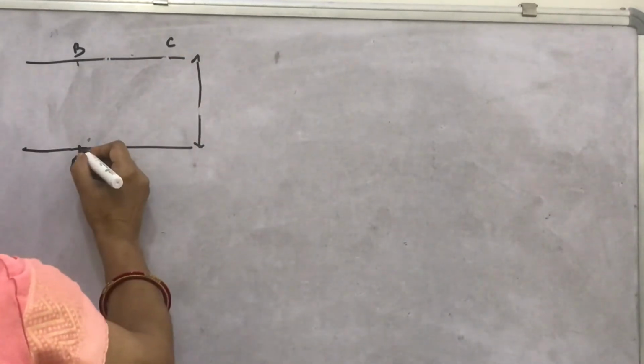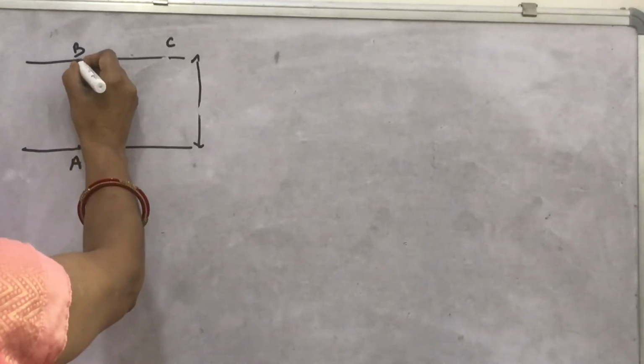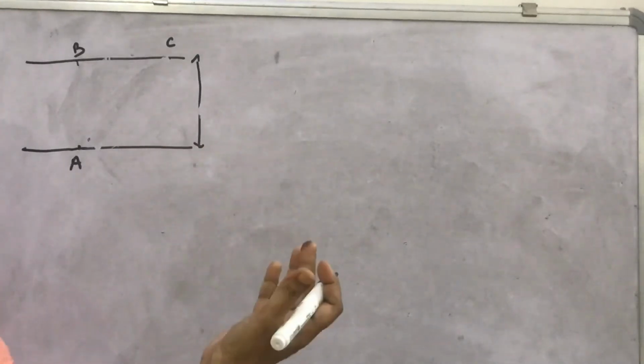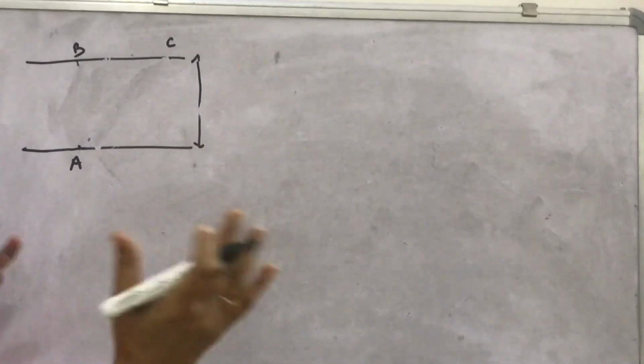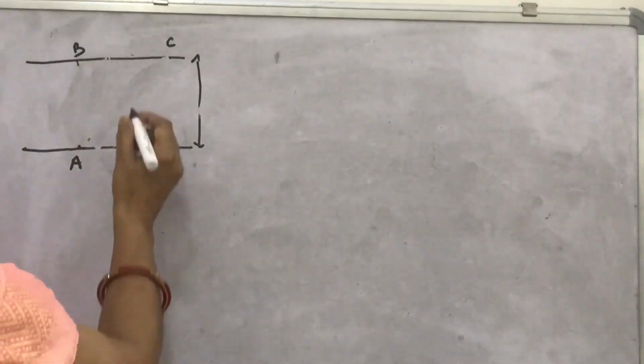So if the swimmer wants to reach exactly at the opposite end at the other bank, in what direction he has to swim? What is the condition for that? This is asked. Then what will you do?